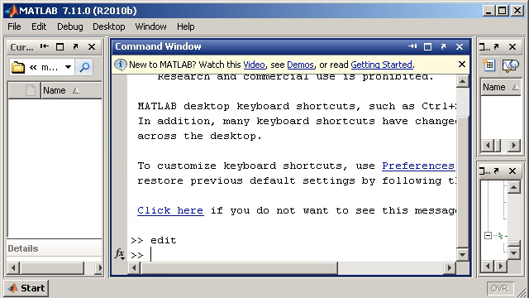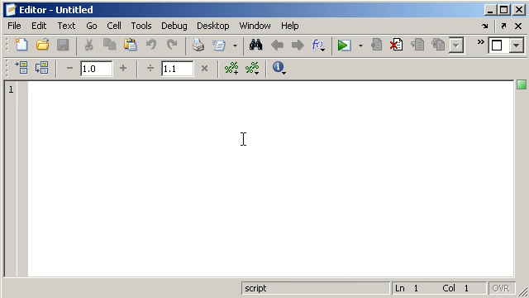This is project 1, video number 2, the one in which we actually code up the program. Start up MATLAB, type edit. I'm going to call this function, and I'm returning an array, so I'll put open bracket.